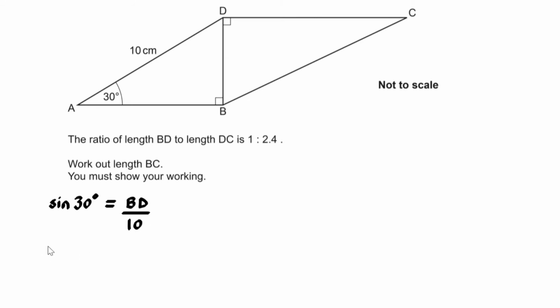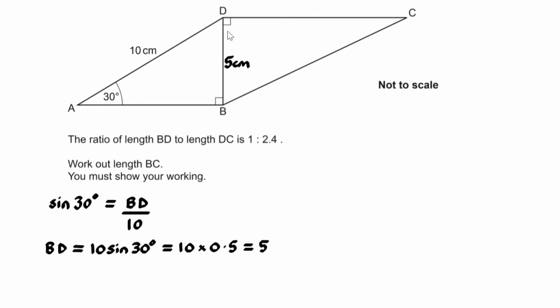So BD equals 10 times sine 30, then we can conclude that BD is equal to 10 multiplied by 0.5, which is equal to 5. So BD is equal to 5 centimeters.